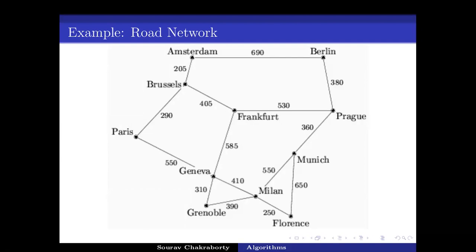So basically I want to find a shortest path in this graph. So designing a tour basically reduces to a shortest path algorithm in this graph, right? Is this okay?